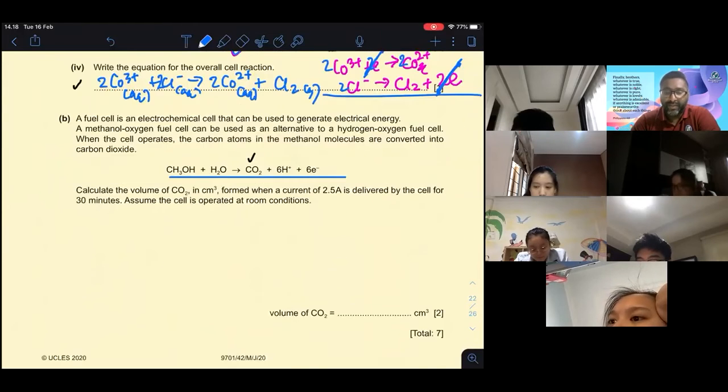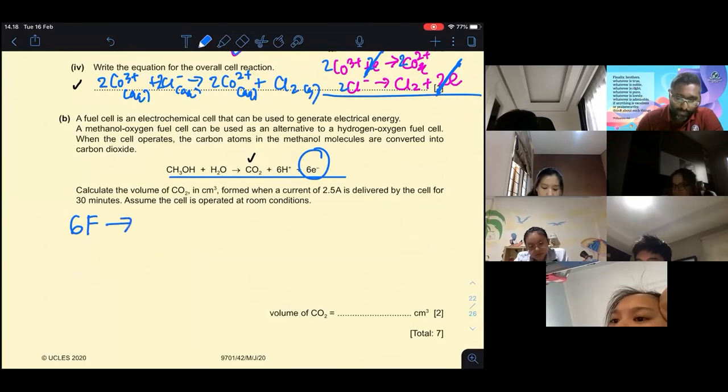This is very important, the beginning part of the calculation. When you want to calculate the volume of CO2, you need to look over here, 6 electrons. If you have 6 electrons, it means that 6 Faraday is required to form 1 mole of CO2.